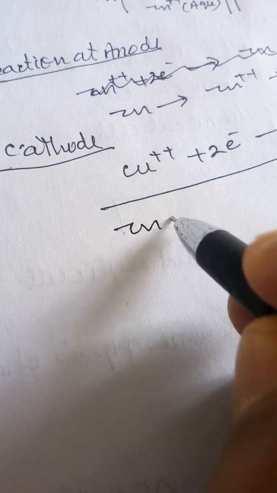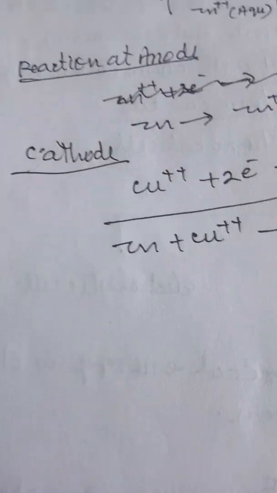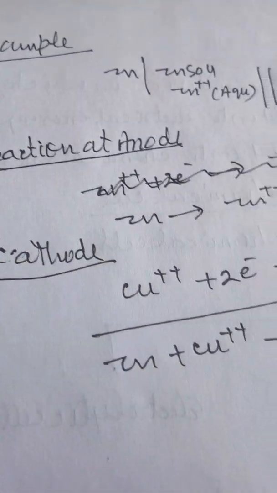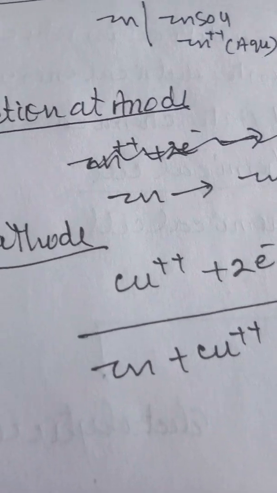So the overall reaction in the galvanic cell is zinc plus copper ion changing into zinc ion and copper solid, like this. So this is the reaction at the anode and cathode.